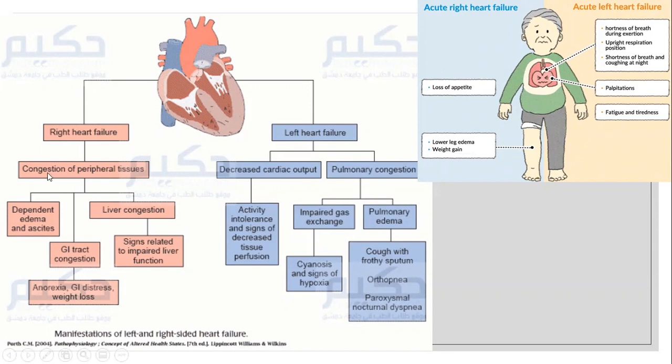So congestion of peripheral tissue, dependent edema and ascites, liver congestion, but left side lung congestion. Liver congestion shows signs related to impaired liver function, GI congestion, anorexia, GI distress, and weight loss.